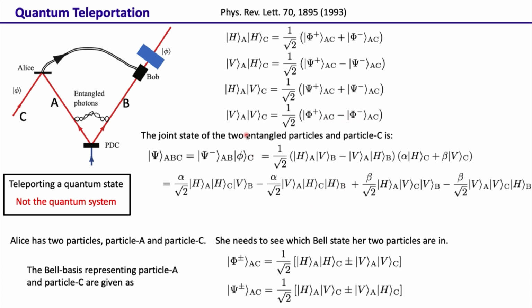Okay, so these are the polarization Bell states corresponding to particles A and C, and the basis vectors in the polarization basis, HH, VH, HV, VV, can be written in terms of the polarization Bell states like this.